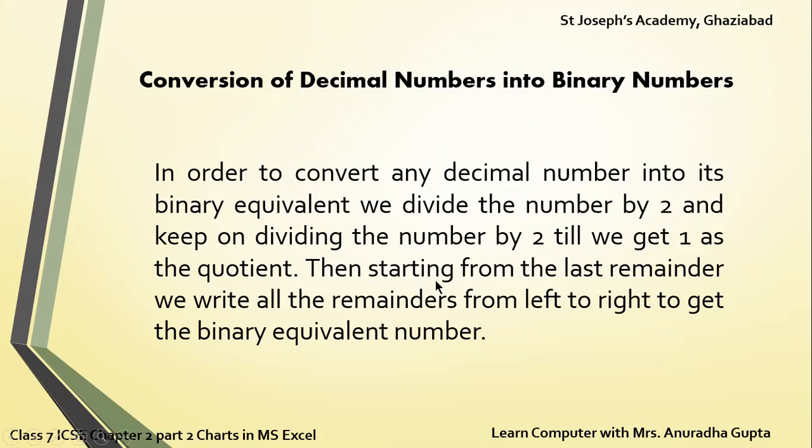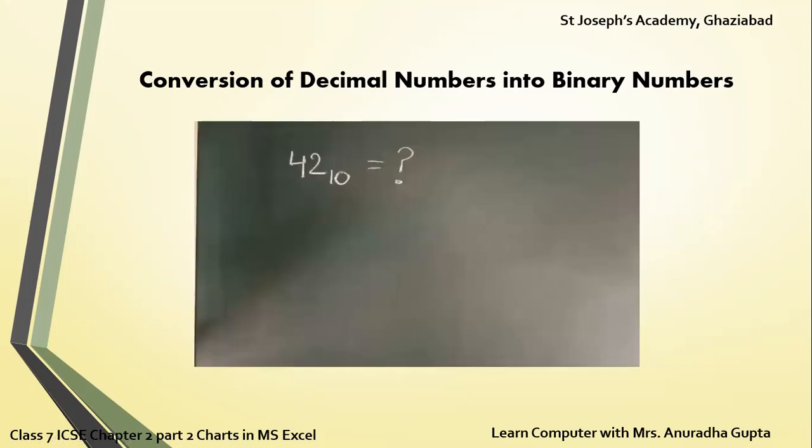Then, starting from the last remainder, we write all the remainders from left to right to get its binary equivalent number. This is the method to convert any decimal number into binary number. Let's learn with an example.